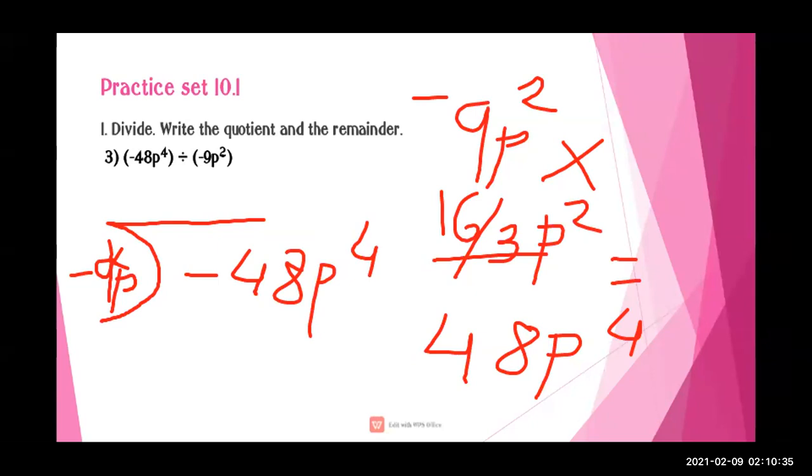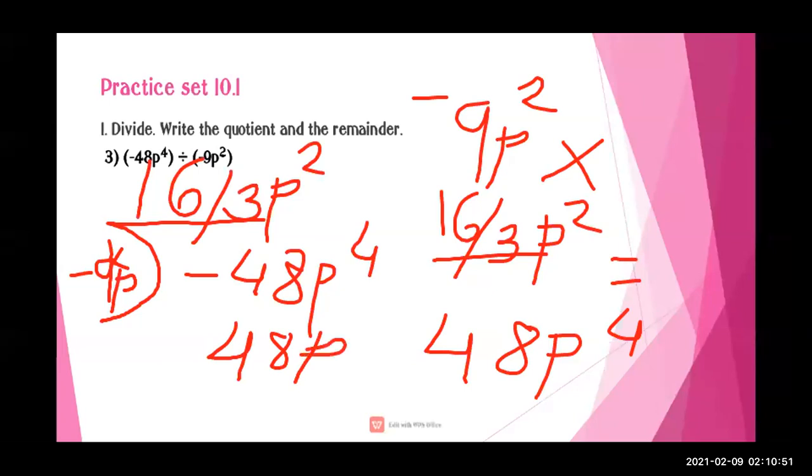So here in the dash you will write in the quotient 16 oblique 3 p square. So 16 threes are 48. So here 48p4 minus 48p4 will be 0. Is it clear? So here the quotient is 16 oblique 3 p square and the remainder is 0.